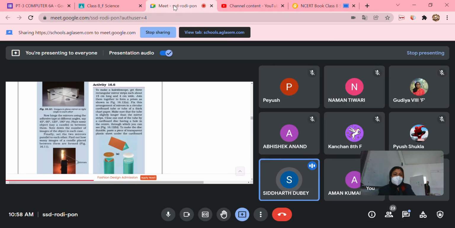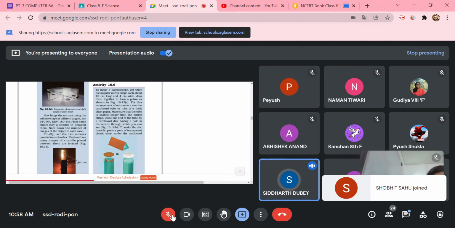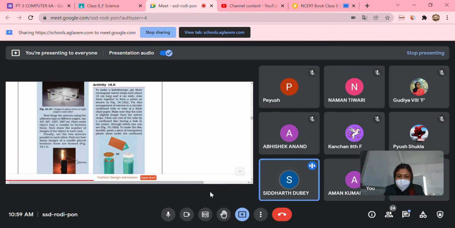Kaleidoscope, activity 16.6. To make a kaleidoscope, get three rectangular mirror strips, each about 15 centimeters long and 4 centimeters wide. Join them together to form a prism as shown in figure 16.12a. Fix this arrangement of mirrors in a circular cardboard tube or a tube of thick chart paper. Make sure that the tube is slightly longer than the mirror strips. Close one end of the tube by a cardboard disc having a hole in the center through which you can see, figure 16.12b.